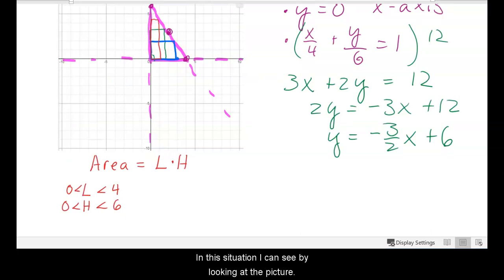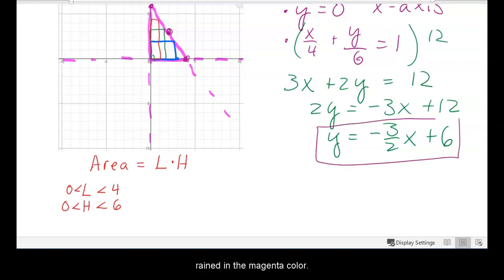In this situation, I can see by looking at the picture that the height of each box is on the triangle. The corner of each of those rectangles I drew was on the triangle, the slanted side, which is given by this equation here, now ringed in the magenta color.